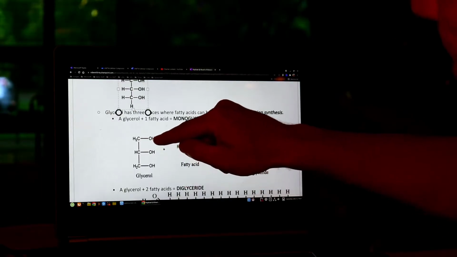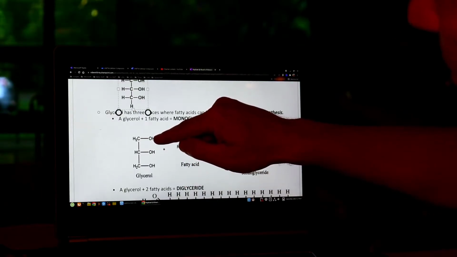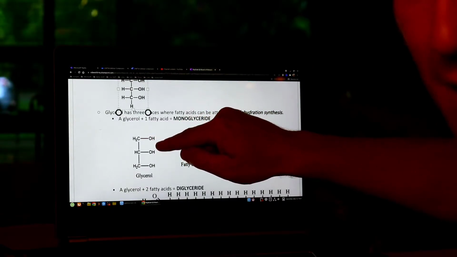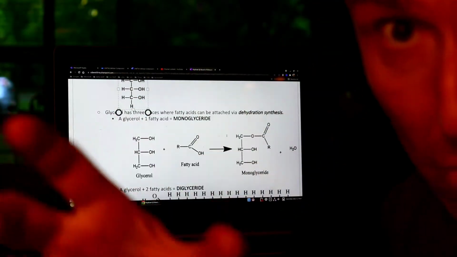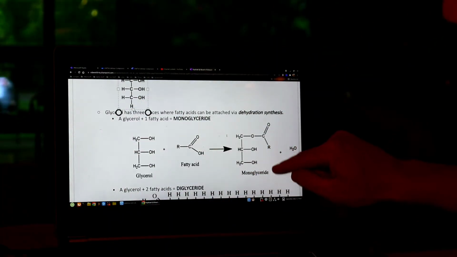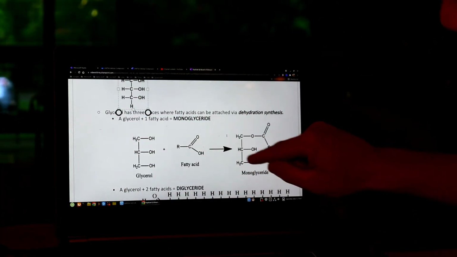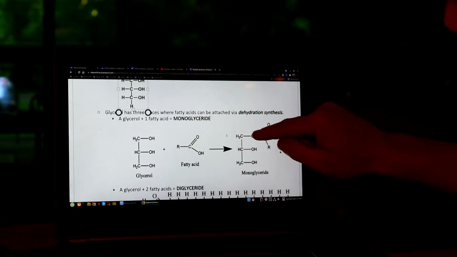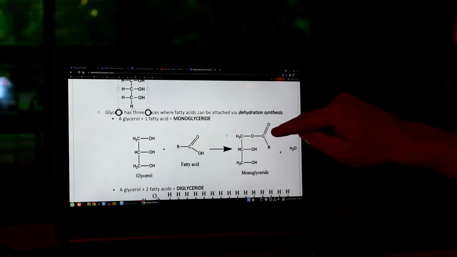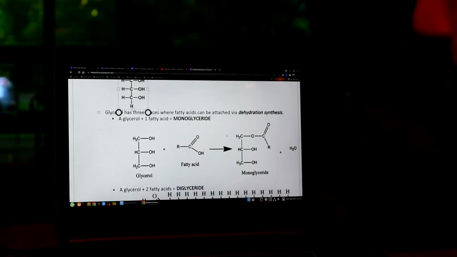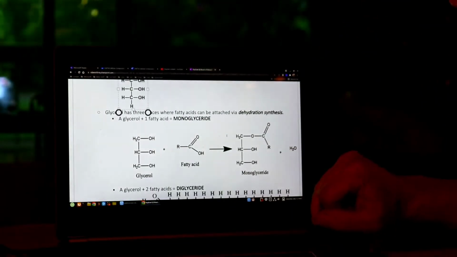And we can do dehydration synthesis to one of these OH spots. We can make a covalent bond there. And so then we will have this glycerol with a fatty acid chain attached to it on one end. And this is called a monoglyceride, when it's got one fatty acid chain.